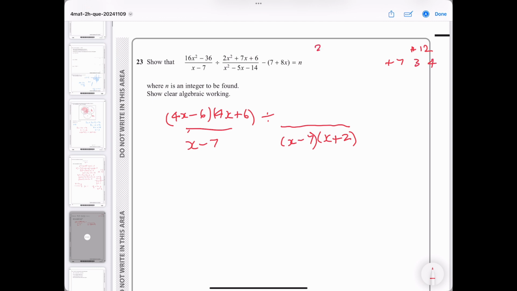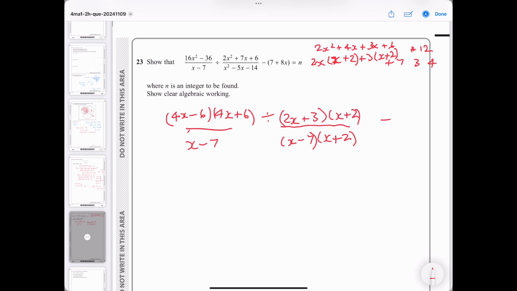So that would be 2x squared plus 4x plus 3x plus 6. I realise this should be pretty easy. So that's just 2x times x plus 2, plus 3 times x plus 2. Okay, so we've got that's 2x plus 3 and x plus 2.